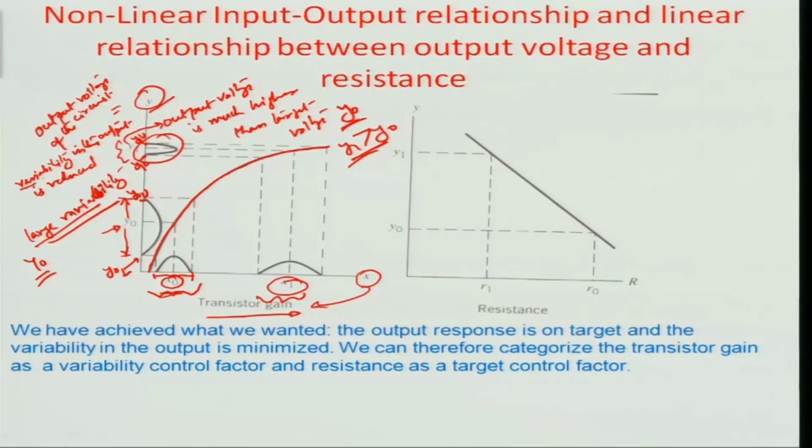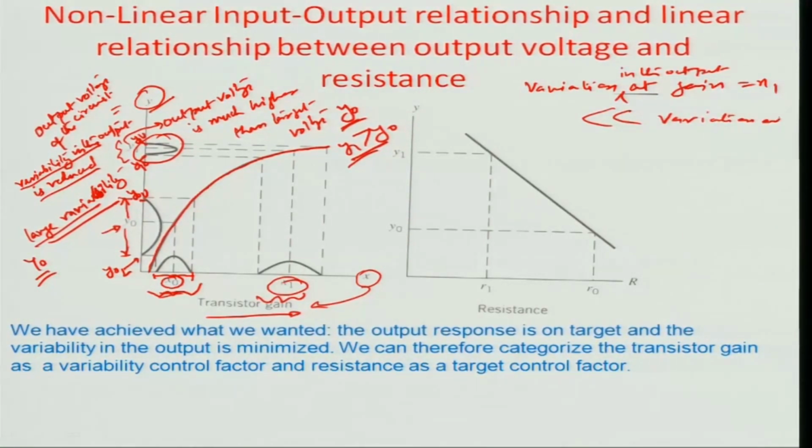So obviously there is less variation in the range of Y1s in comparison to Y0s. I can write this down as: variation at gain equal to X1 is much lesser, the variation in the output is much lesser than variation at gain equal to X0.